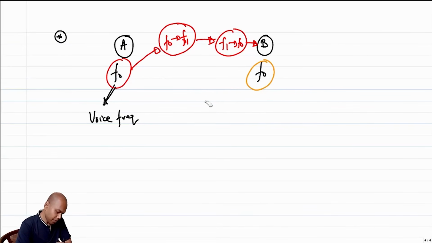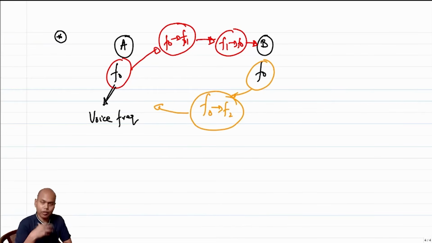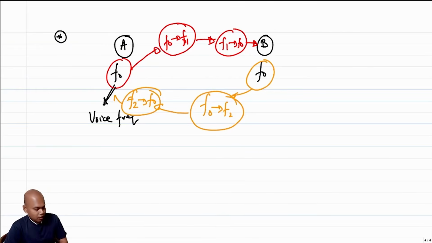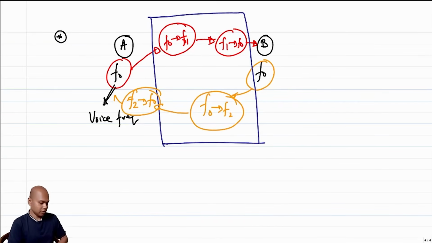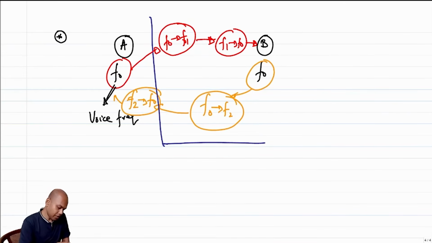I should write it in a cleaner format. F0 gets transformed to f2, and then this is transmitted, and before it reaches A, it gets converted again from f2 to f0, and it reaches A, right? So if that is the case, through the channel, this is the media, this is the wireless media over which this entire transmission is taking place.